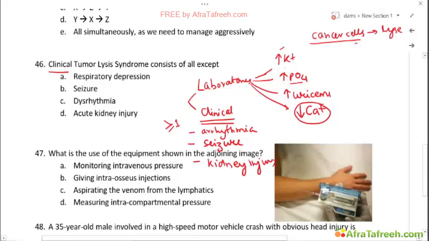We'll see what exactly is by definition of it, or maybe with arrhythmia we can have a cardiovascular collapse. If any one of these three is present, at least, then we diagnose as clinical tumor lysis syndrome. So the answer for this question would be respiratory depression. There is no respiratory depression in the definition of clinical tumor lysis syndrome. We have seizure, dysrhythmias, and acute kidney injury.